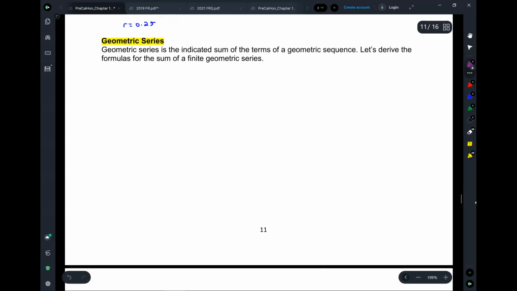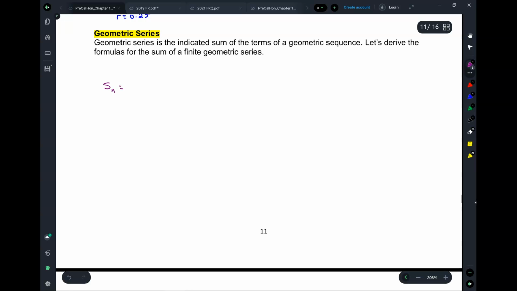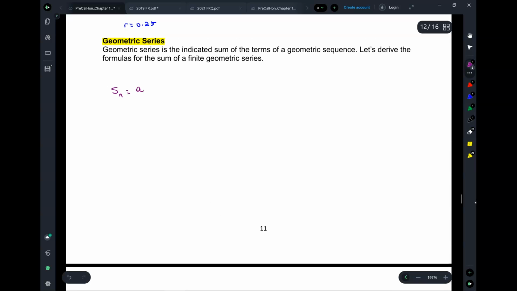So Sn would be the first term, A1, plus the next term in a geometric sequence, A1 times R, plus A1 times R squared, plus dot, dot, dot, plus A1 times R to the n minus 2, plus A1 times R to the n minus 1. So this is the very end: the last one is A1 R to the n minus 1, and the one right before it is R to the n minus 2.